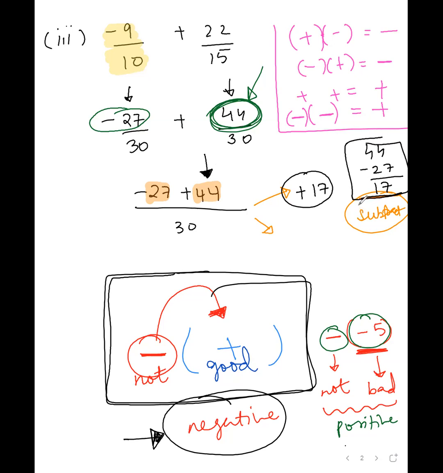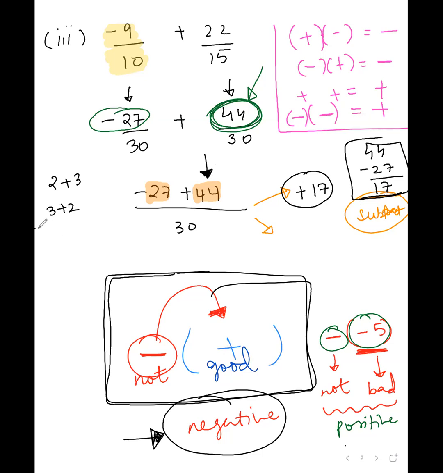Got it? Another reason is, Hiba, tell me one thing. Whether you write 2 plus 3 or you write 3 plus 2, is it the same thing or different? Same.